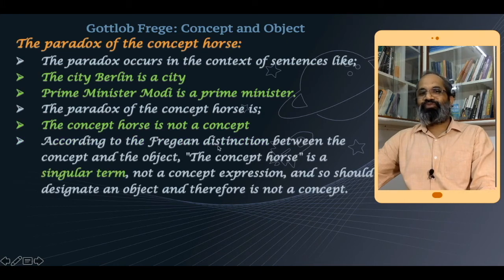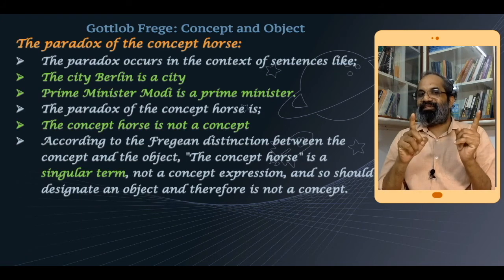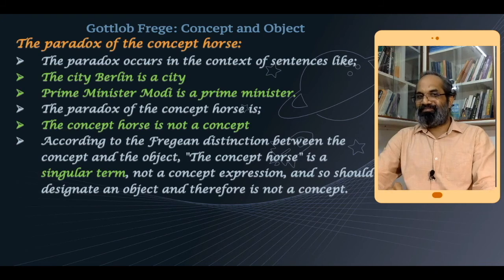Because according to Frege's distinction between the concept and the object, the concept horse is a singular term. When we use it as a subject term, then it becomes a singular term. Here the concept horse is a singular term and it is used as the subject of a proposition. When it is used as the subject of a proposition, it becomes an object.